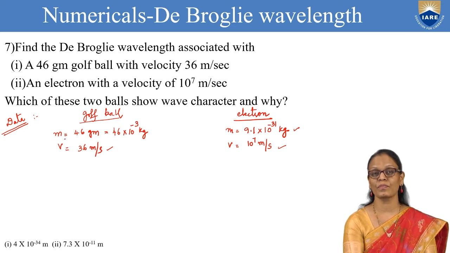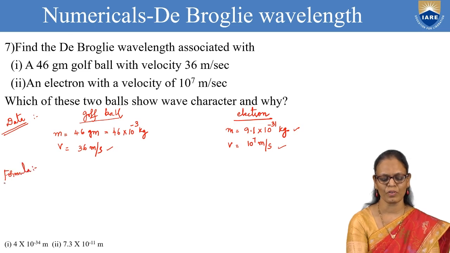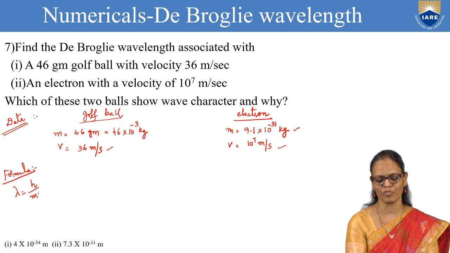Once you have written this mass, what is the formula we are going to use to calculate the wavelength? Lambda is equal to h upon mv.